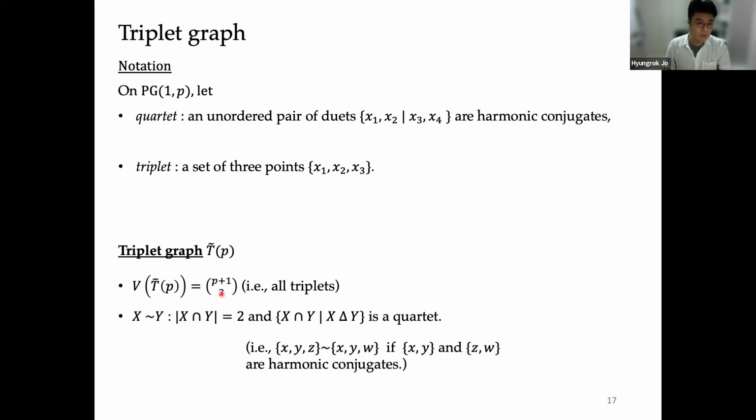So we can choose the 3 subsets among the P+1 set. And the adjacency between the triplets is defined like this. If 2 triplets have 2 common points, then their intersection and symmetric difference are also duets.